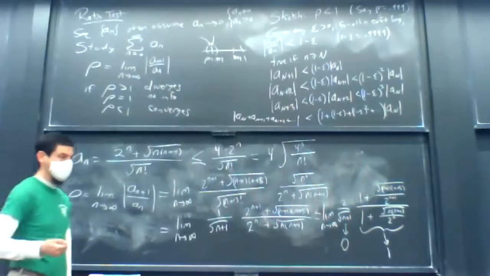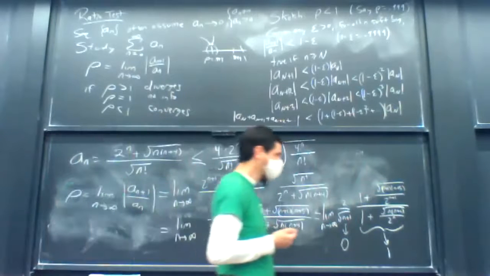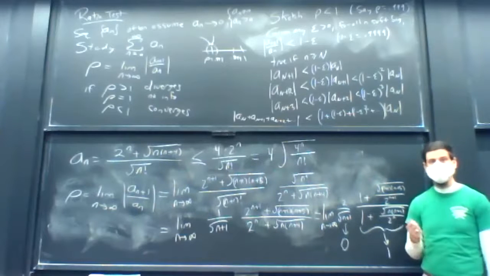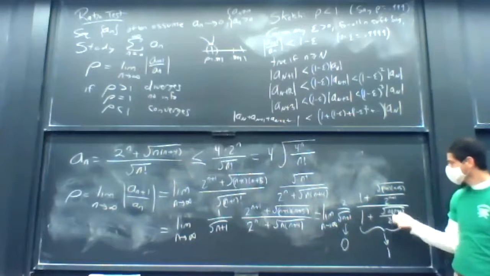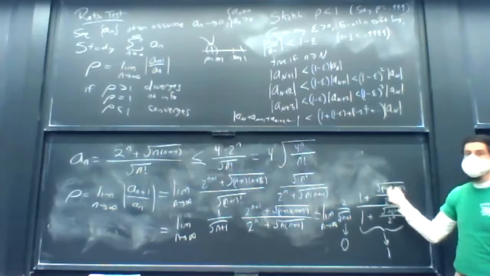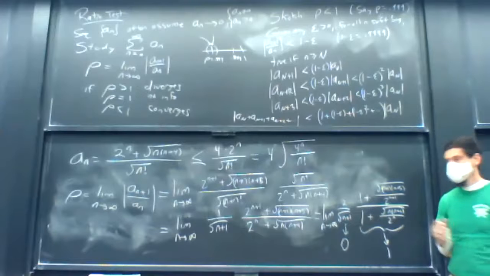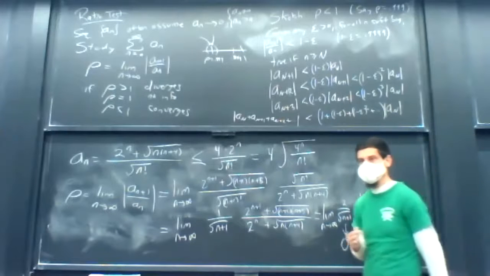The larger rho is, the faster it diverges. But if I just want to know, does it converge or diverge, I just need to know, is it less than 1, is it greater than 1? And so over here, I don't need to do the algebra that well, I just need to do enough to tell me that this whole ratio is going to go to 0.